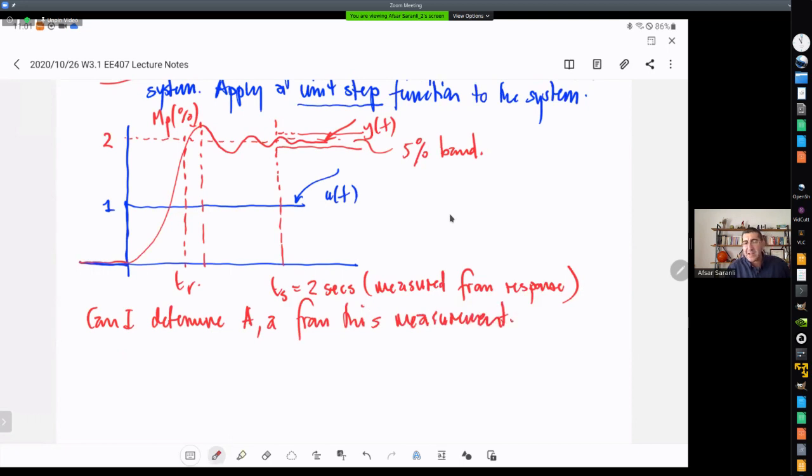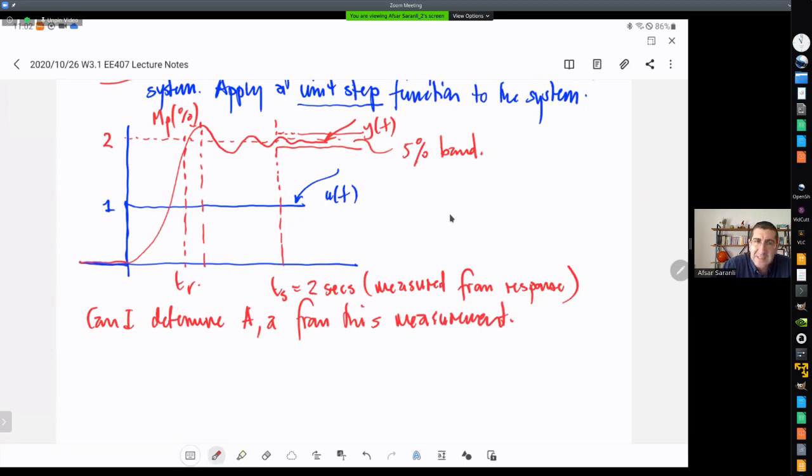I actually have another measurement apart from the settling time, which is 2 seconds here. Can you tell me what's going to help me find the parameters? Apart from the settling time, what did I already measure here in this response?